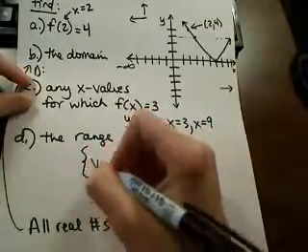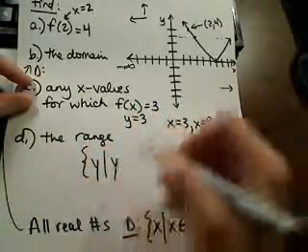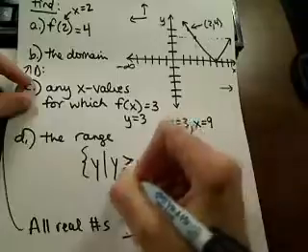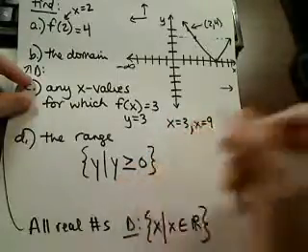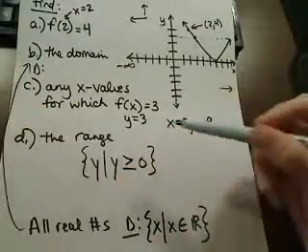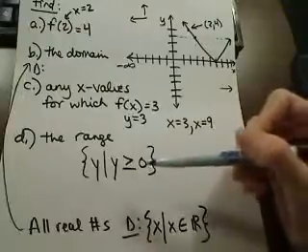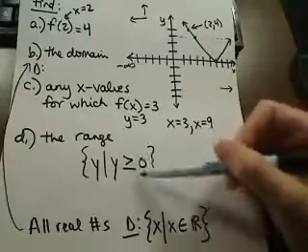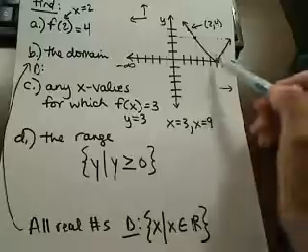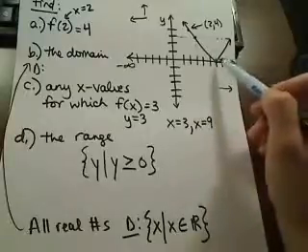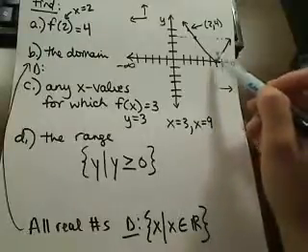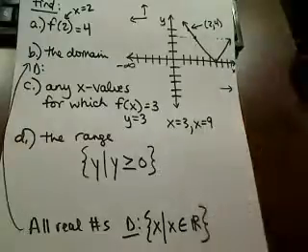So the way that I'm going to list my range here is y such that my y-coordinates are greater than or equal to 0. And this is what I was referring to a minute ago. The use of the inequality symbol here allows me to include all values that are equal to 0 or greater than it. And I don't have to list them individually because I can't list them individually.